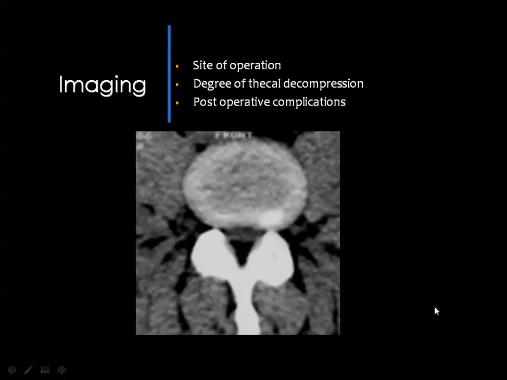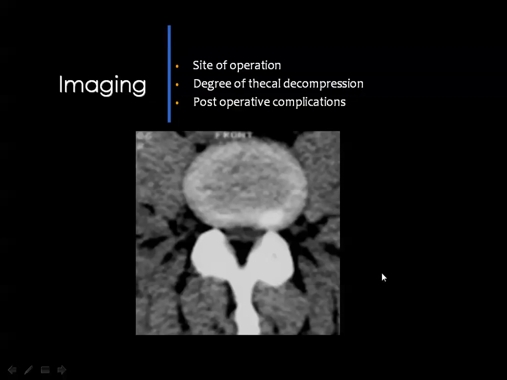We were interested to identify the site of surgery, which was very important as a medical legal issue, and also we were interested to state in the report if the thecal sac is adequately decompressed or not.